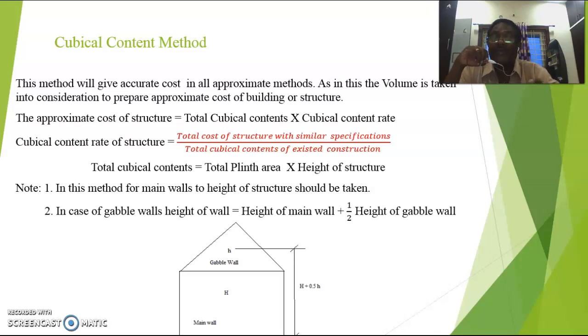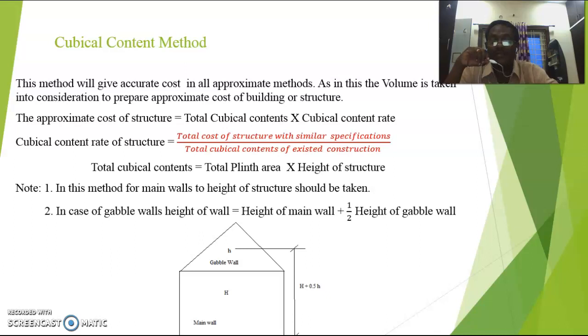As in this method, volume is taken into consideration to prepare the approximate cost of the building or structure. The approximate cost of the structure is equal to the total cubical contents to be constructed multiplied by the cubical content rate.